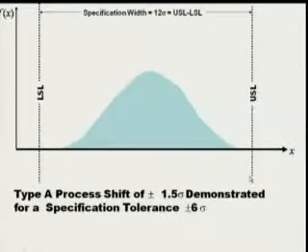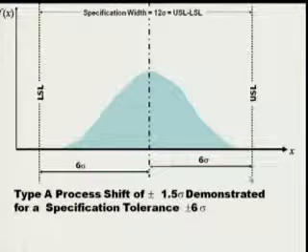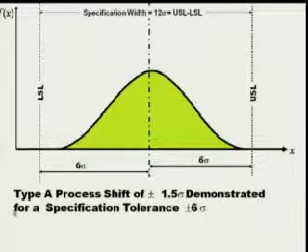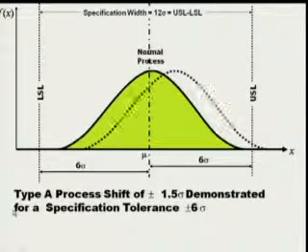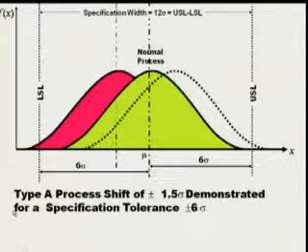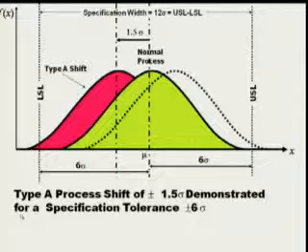Very good. Now if we go to the 6 sigma process, which is 6 sigma to the right, 6 sigma to the left, meaning the upper and lower spec limits are at the 6 sigma process, then if we shift the process to the right or the left by 1.5 sigma, the story will be different.